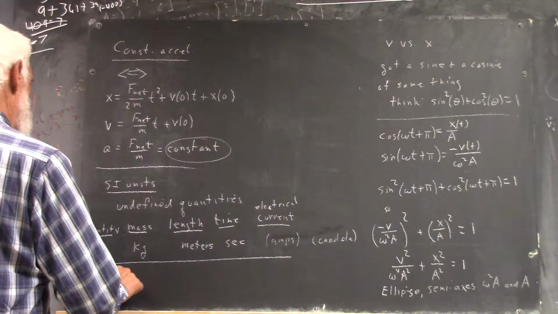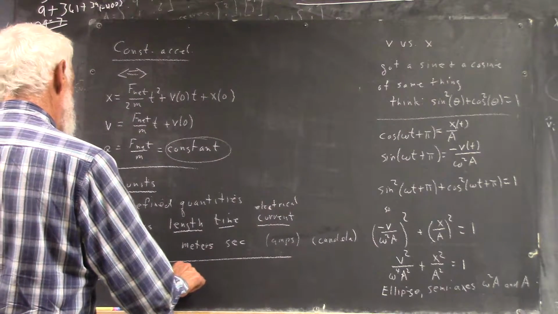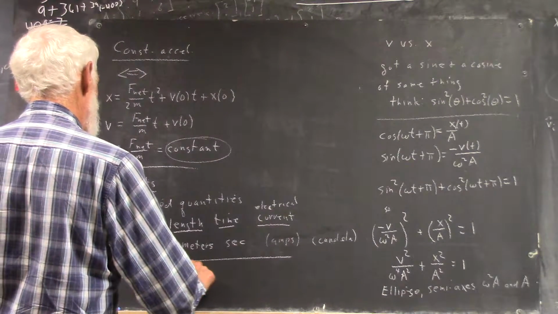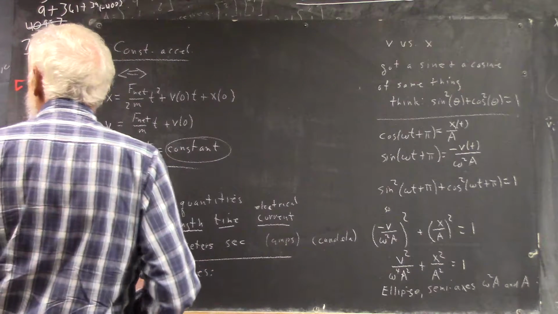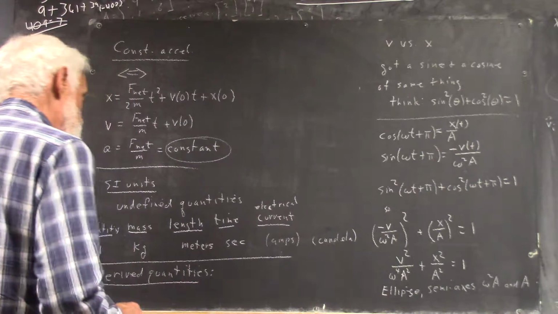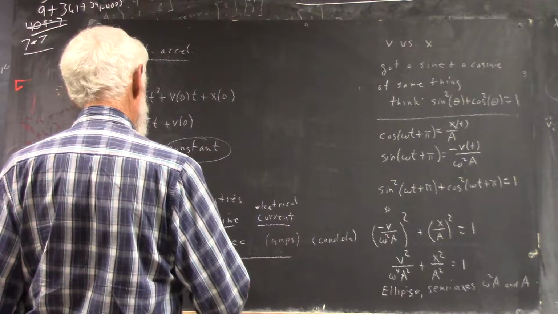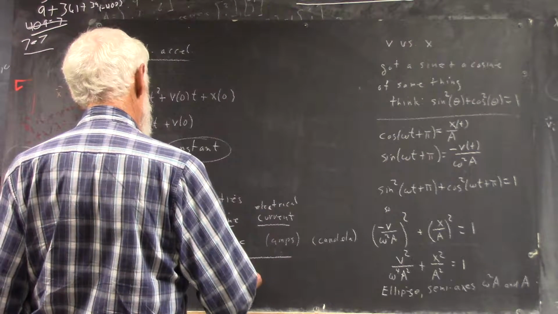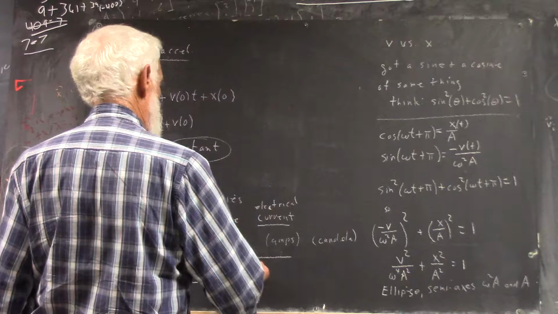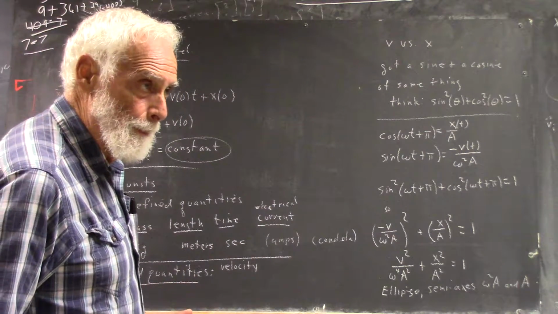We have derived quantities. Velocity, which is rate of change of position with respect to time.